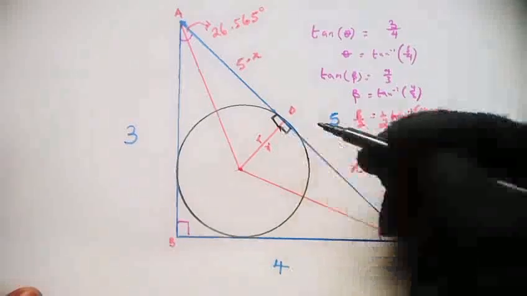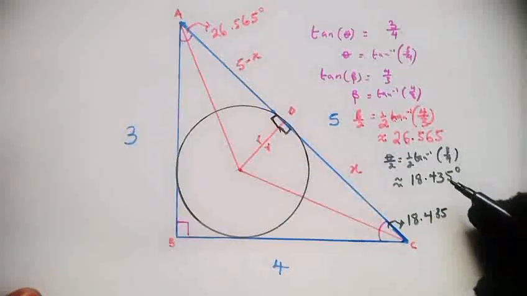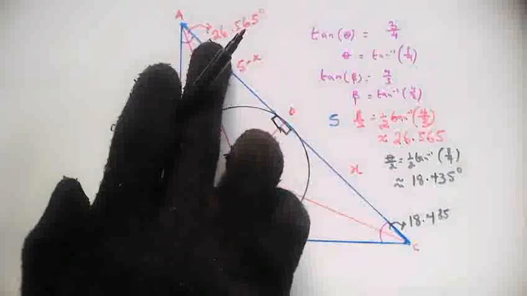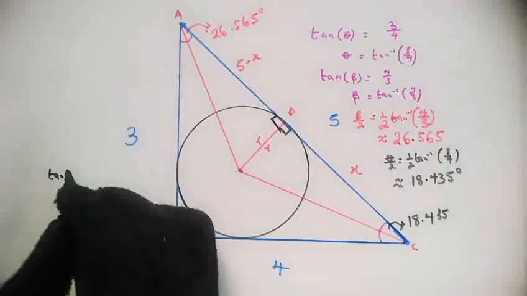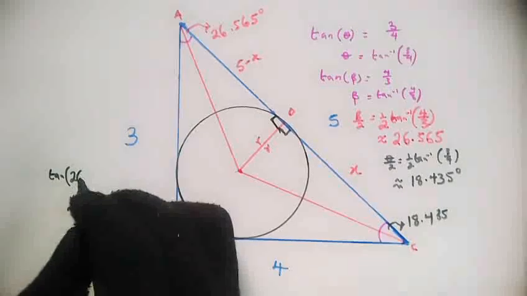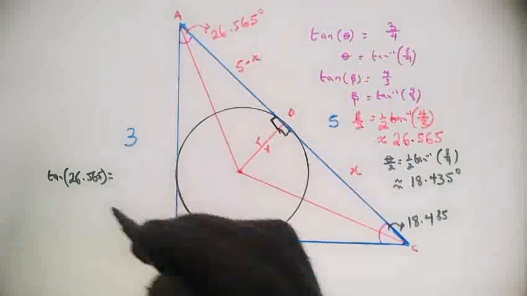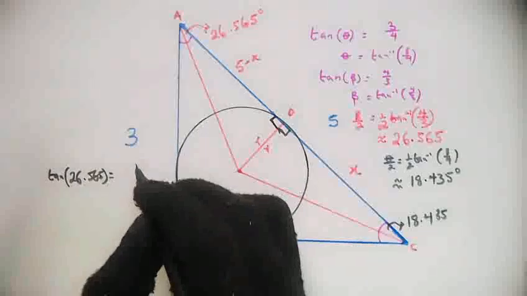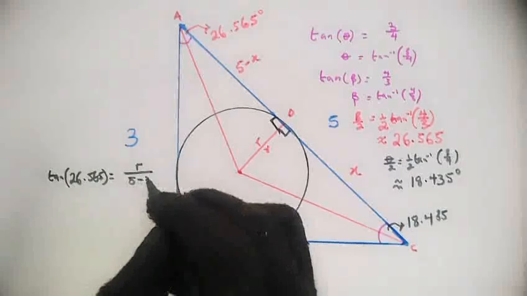Okay, now we have this right angle here and this right angle here. This angle and this angle are on a straight line, so we have 90 plus 90, the sum of angles on a straight line. So we say that tan of 26.565 is equal to opposite over adjacent, so that is radius all over 5 minus x.